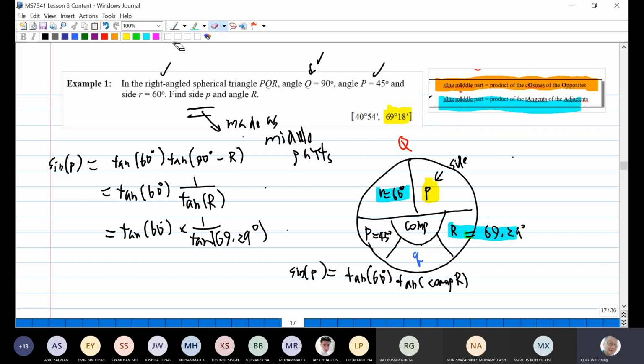So our calculation: you get tangent 60 first, tangent 60 divided by tangent 69.29 degrees. And then you get 0.6548.